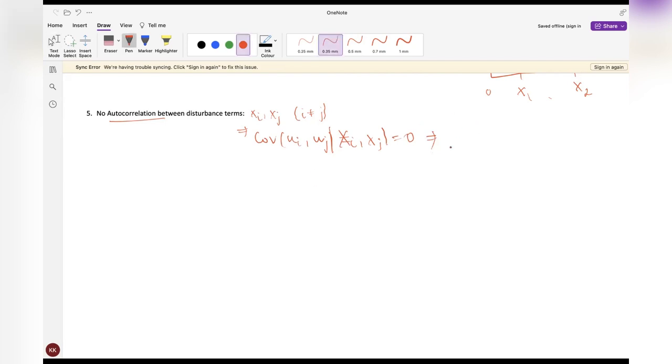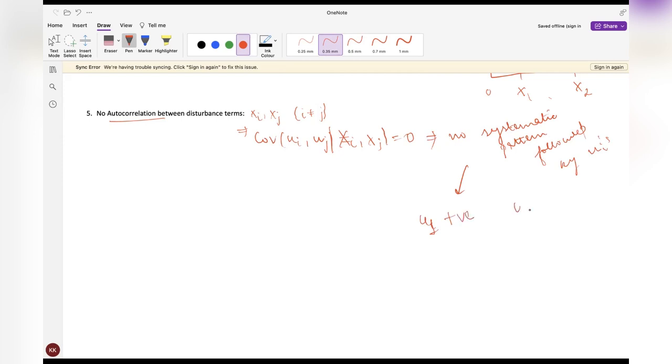The implication is that there is no systematic pattern followed by error terms. Which means that let's say in the first sample, I got U1 to be positive.